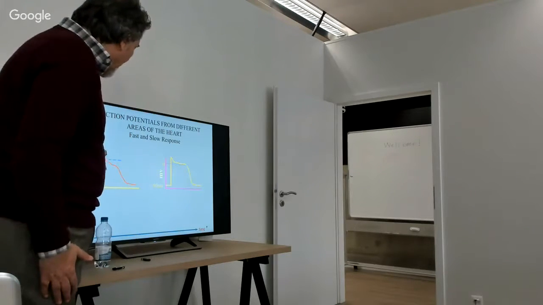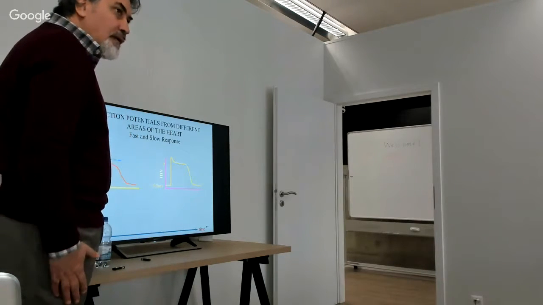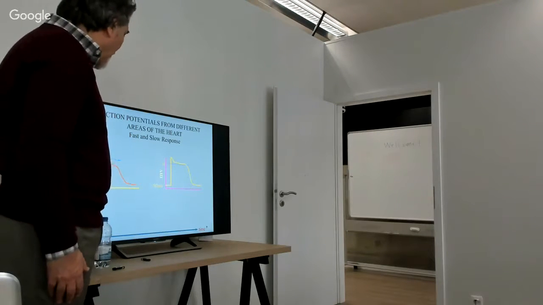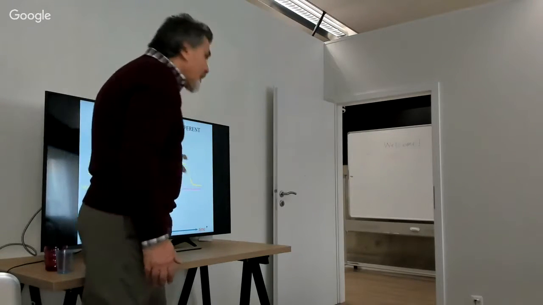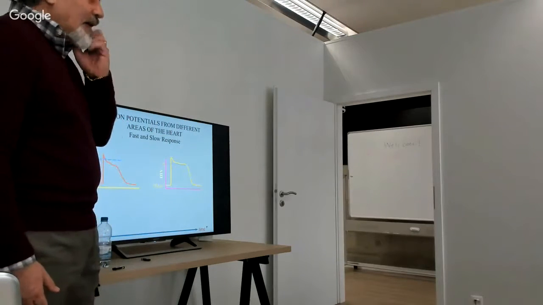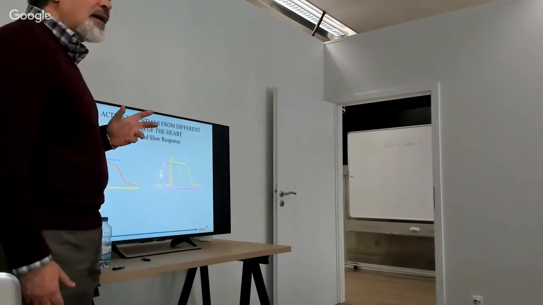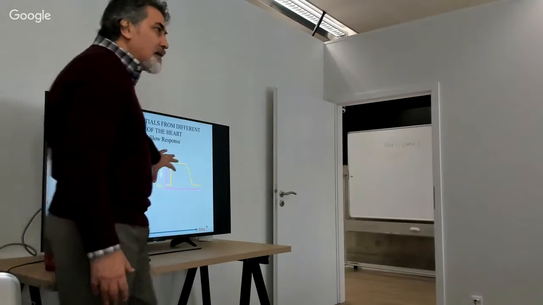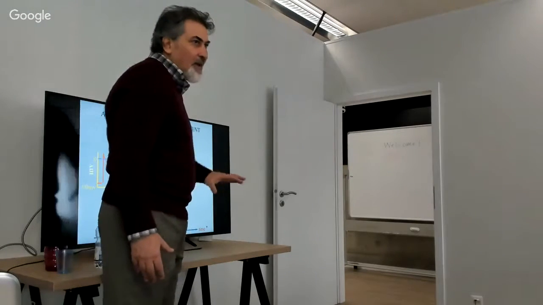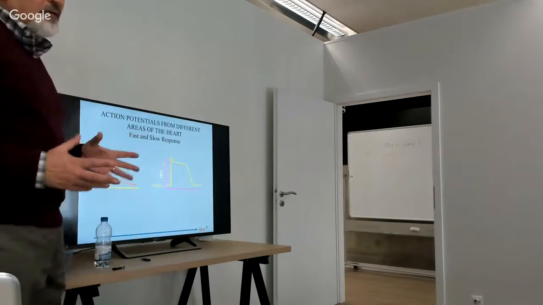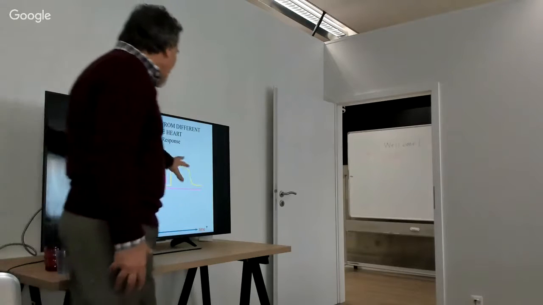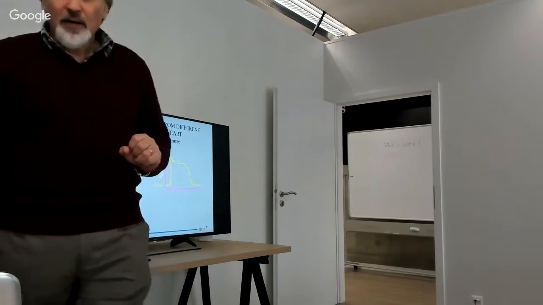Very fast. This is the zero phase. This is the fast action potential. This is atrial, and this is ventricular. Very similar, not identical, but very similar. We will concentrate on the ventricular.